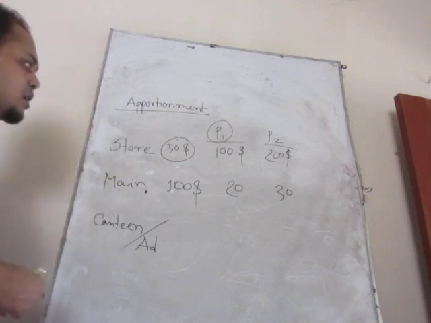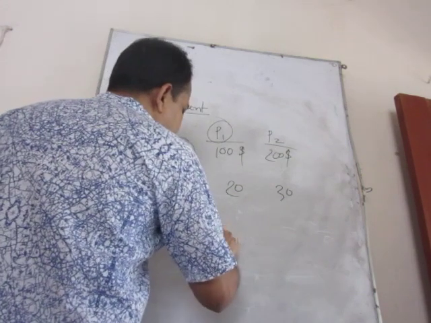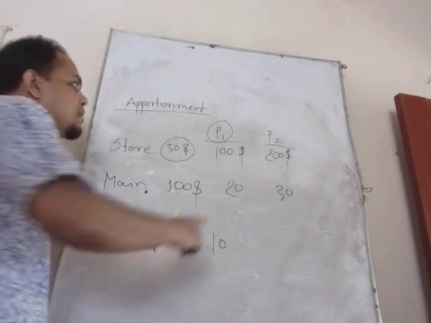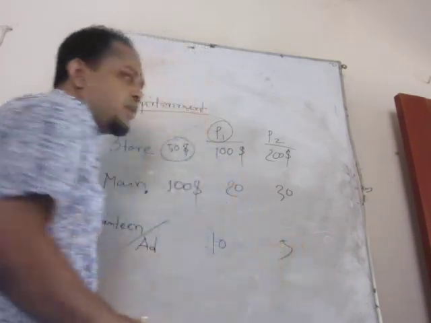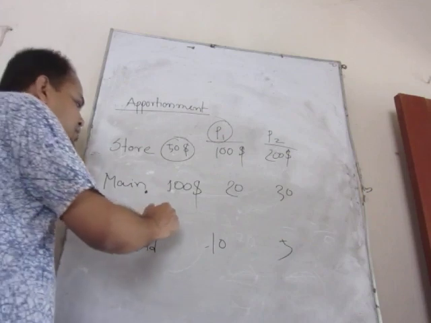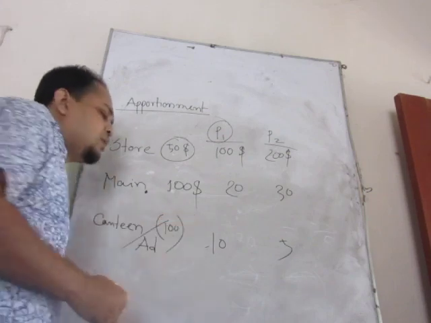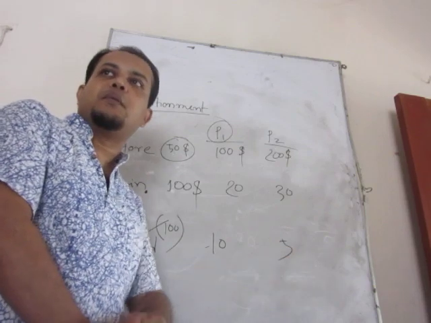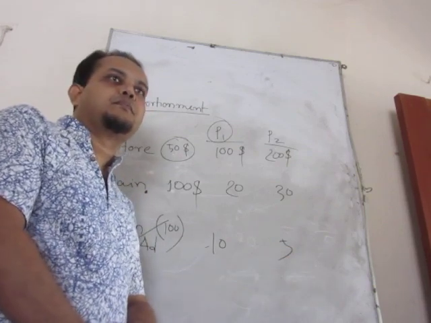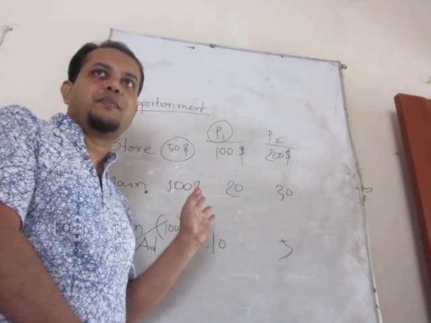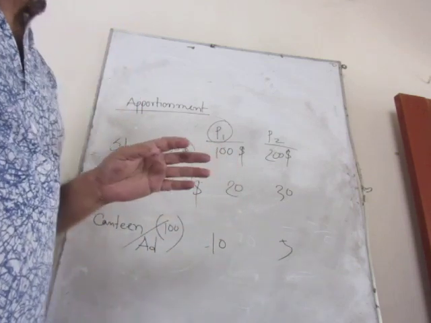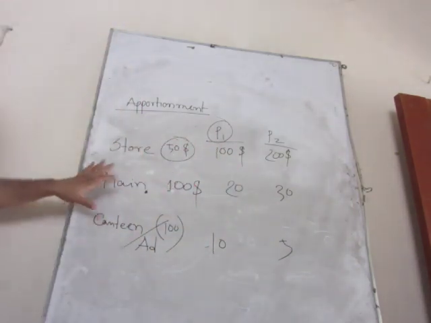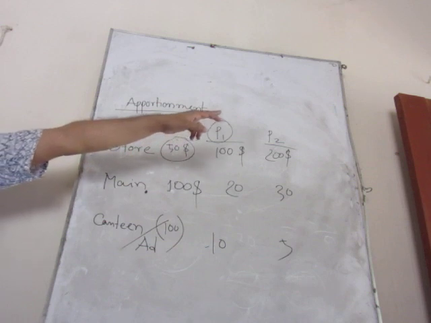For example, the production department has 10 employees and this department has 5 employees. So the canteen cost, suppose $100, will be apportioned between the departments depending upon this number of employees. Clear? So these are the bases of apportioning the service department cost to production departments.